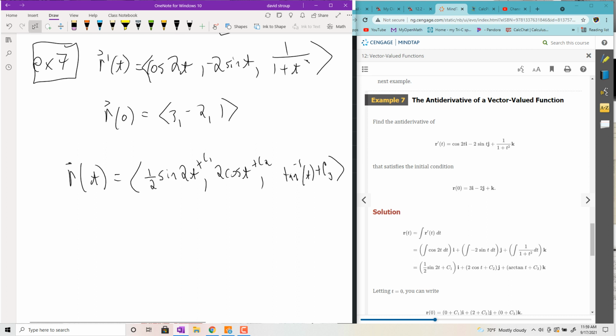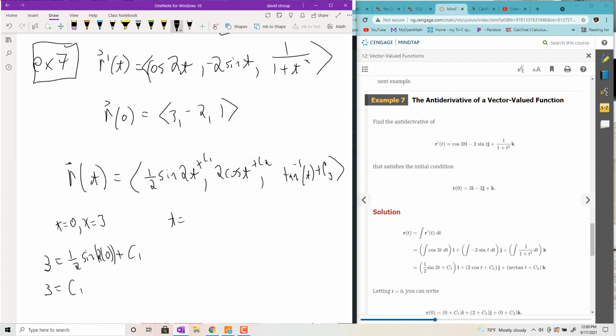So for the first part, you're going to let t equal 0 and x equal 3, right? So you get 3 equals 1/2 sine of 2 times 0, plugging in 0 for t, plus c1. Sine of 2 times 0 is 0. Sine of 0 is 0. 0 times 1/2 is 0. So you just get 3 equals c1.